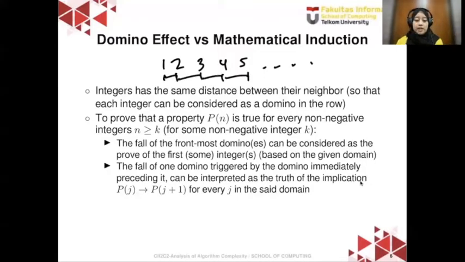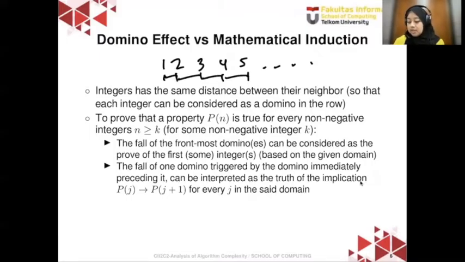And to prove that a property P(n) is true for every non-negative integer n larger or equal to k for some non-negative integer k, the fall of the frontmost domino can be considered as the proof of the first integers based on the given domain.